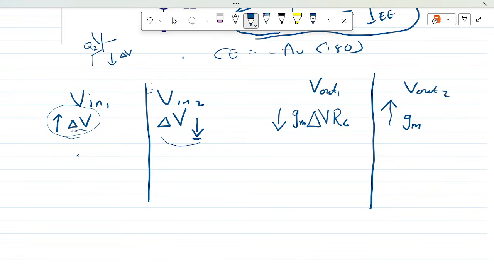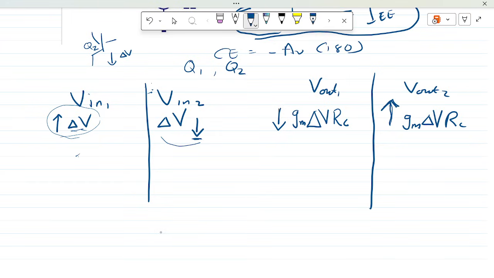The two transistors Q1 and Q2 are the same, so they have the same transconductance, and we had the same change in voltage and RC, so the voltage would increase.